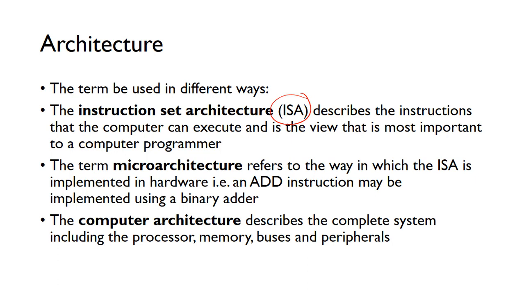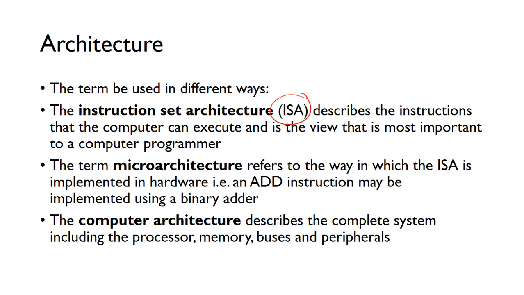When you're a programmer, you don't care too much about how the computer is built in hardware. You're more interested in what instructions a computer can execute. The term microarchitecture refers to the way in which the instruction set architecture is actually implemented in hardware. This is obviously very important to the person who's designing the computer.